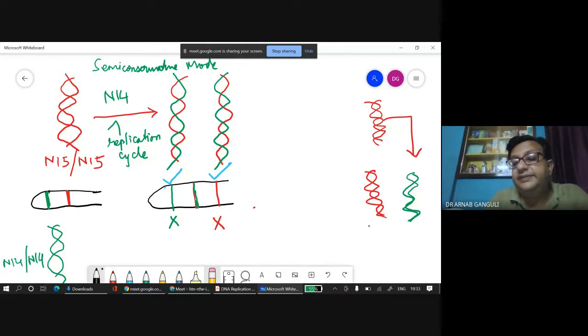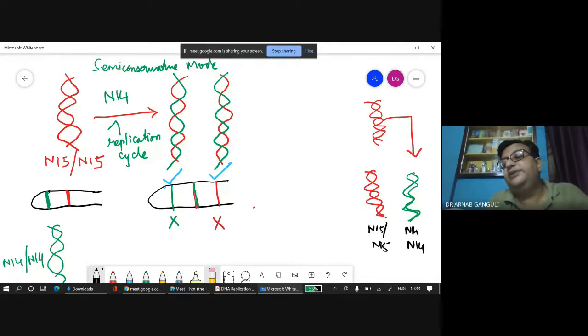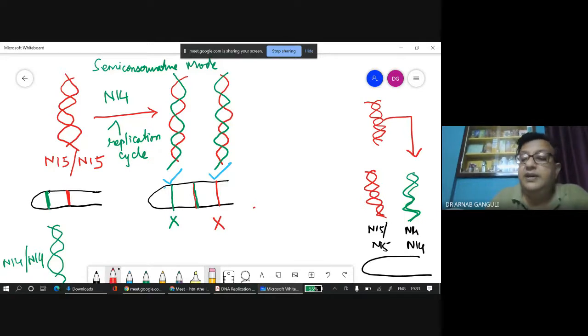This is N15 strand, and this is N14 strand. So this means, what would you have expected over here? The heavier N15 band over here and a lighter N14 band below.